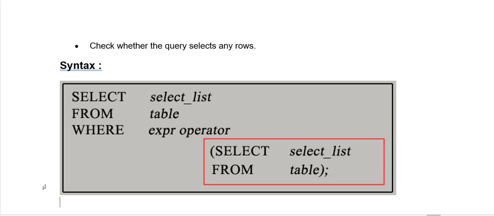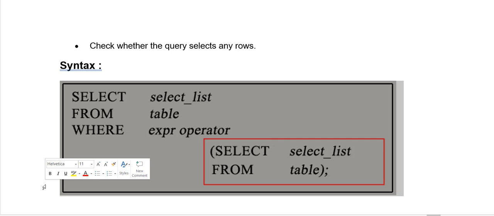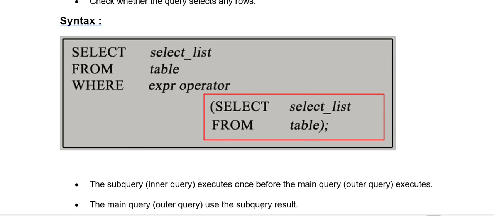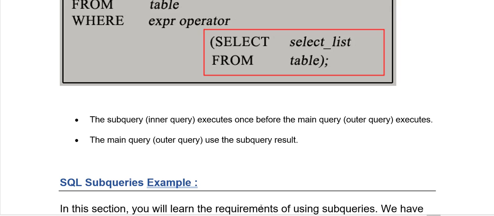When the inner query executes, it gives you a result, and based on that result we do filtering on the parent select query. The subquery, that is the inner query, executes once before the main query, that is the outer query, executes. The main query uses the subquery results, as I told you.